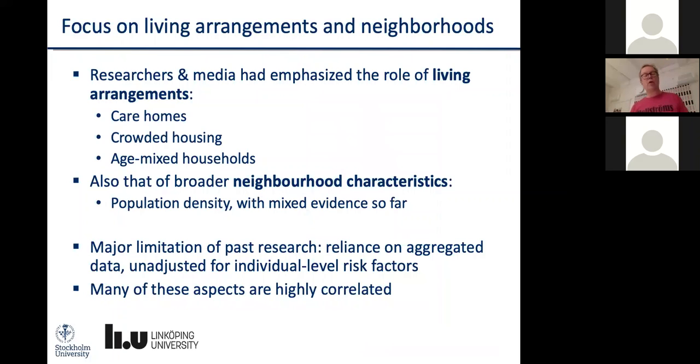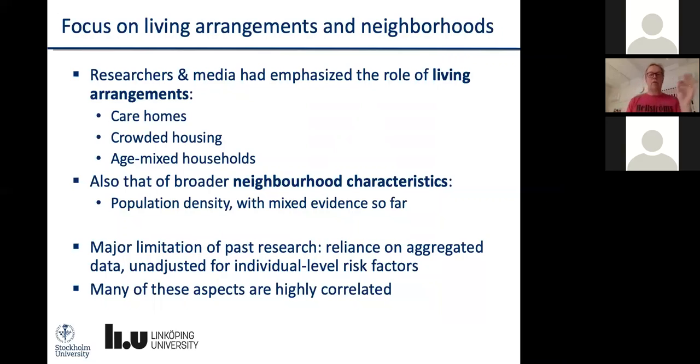So we looked at whether you live in a care home, whether you live in crowded housing, and also whether you live in age-mixed households. So if you're an elderly person, you're retired, but there are younger people in your household. And this, of course, is one of the variables that may explain this excess mortality among immigrants. At least that has been put forward as an argument. But as we saw, it couldn't explain the general excess mortality.